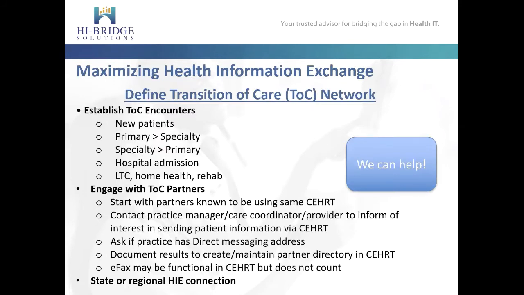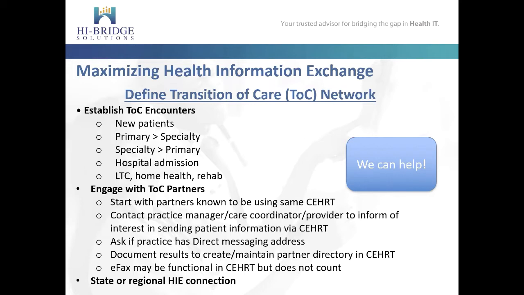All right, now some tips on how to maximize your health information exchange. One of the recommendations we have is for you to create a transition of care network. Now this is also called a community of care network. We don't really care what you call it, but we do encourage you to have a formal network.